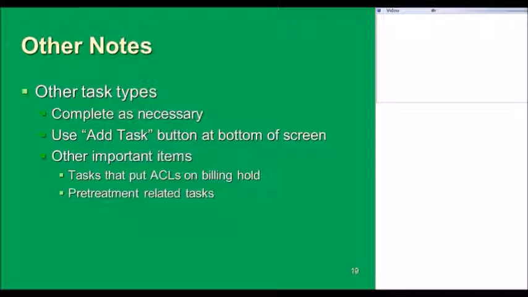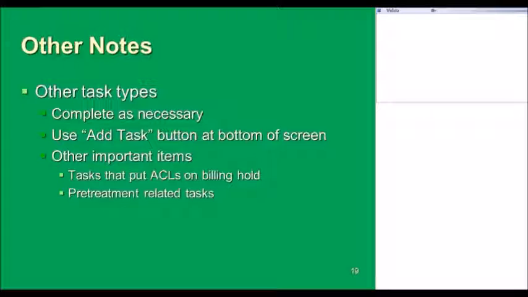I was just going to demonstrate this, that when you have tasks that you want to record in your record that aren't in that template, you have this Add Task button at the bottom of the screen, and when you select your task and click the Add Task button, it'll go to the top and highlight in green so you know that that's the one that you've just added.